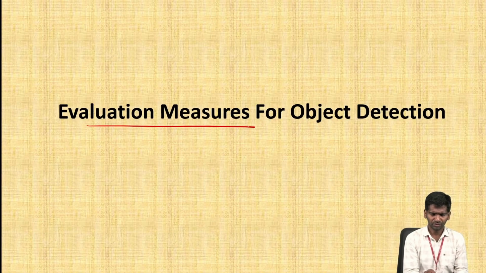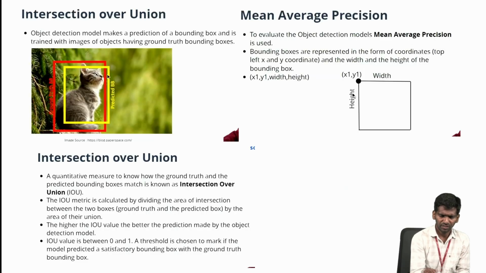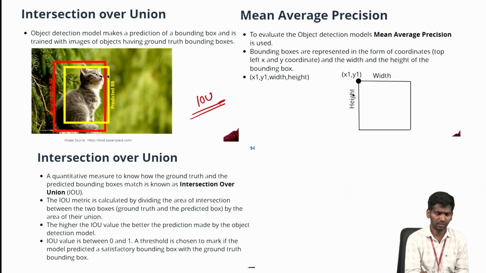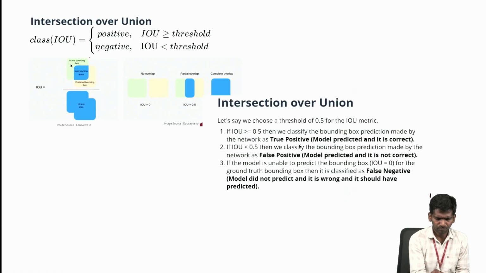The first one is the IOU, the intersection over union technique. We will have a formula for IOU, and we'll calculate using that.